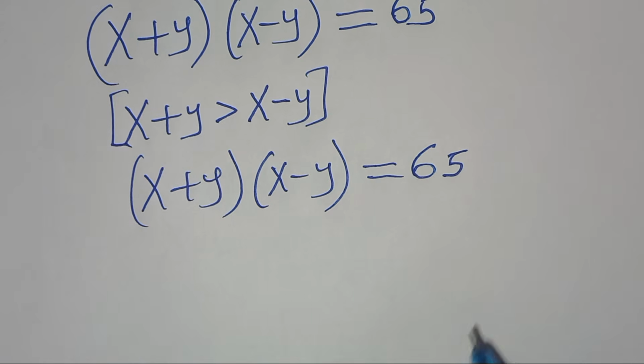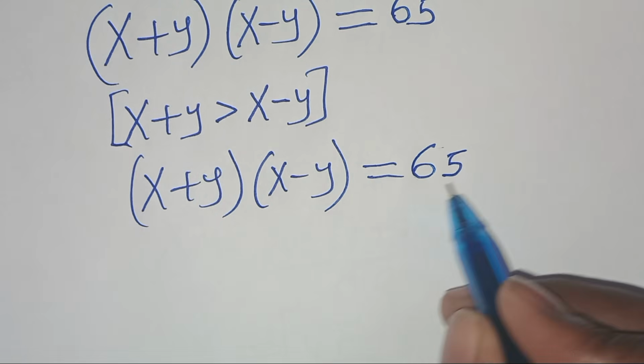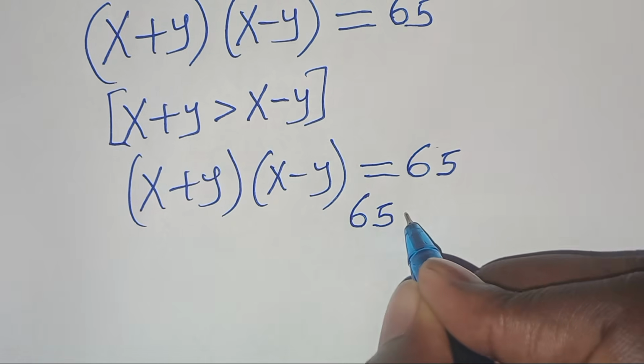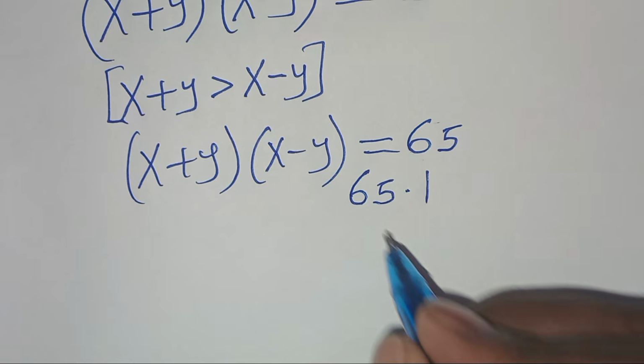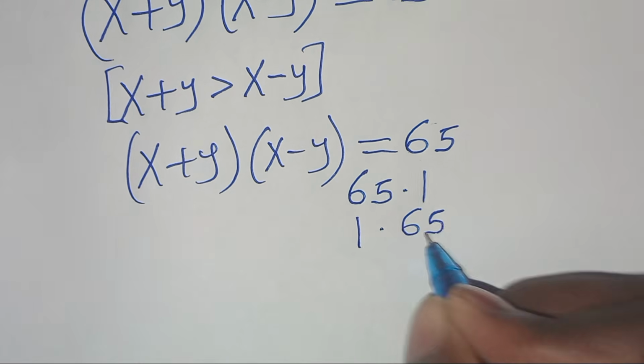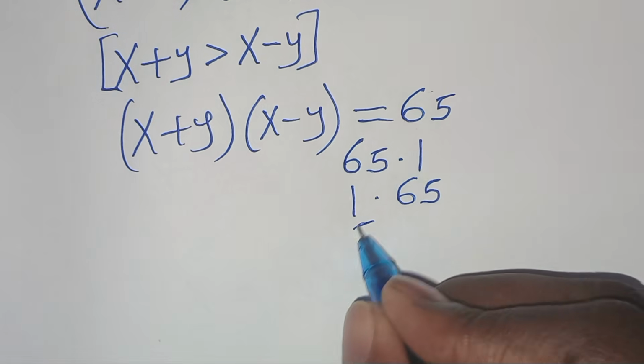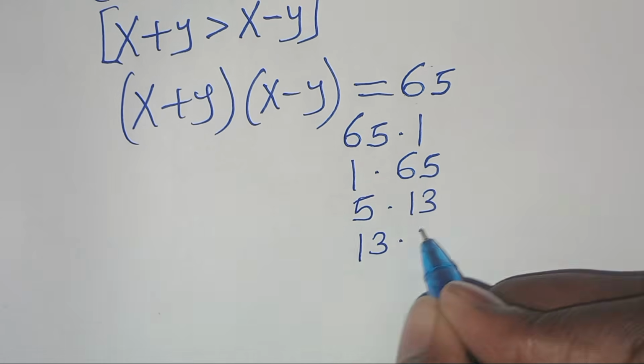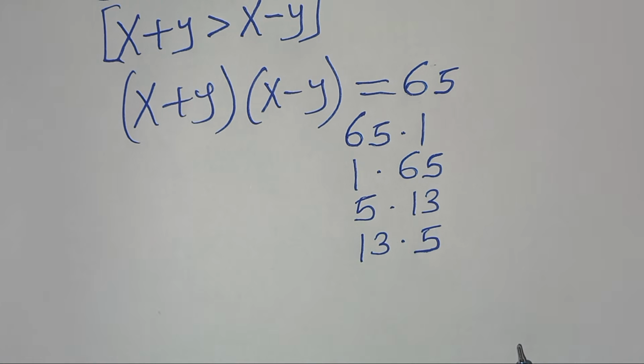The next step is to determine the factors of 65: there's 65 times 1, there's 1 times 65, there's 5 multiplied by 13, and 13 multiplied by 5.